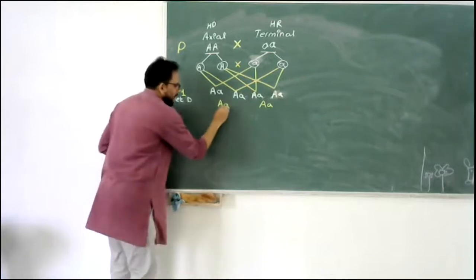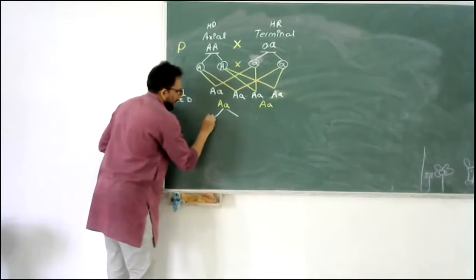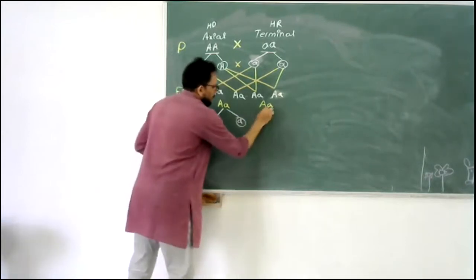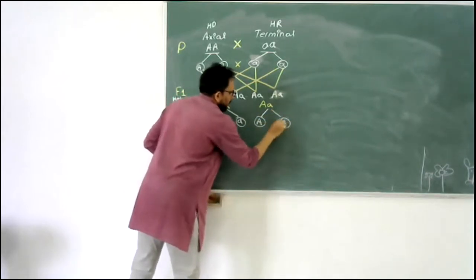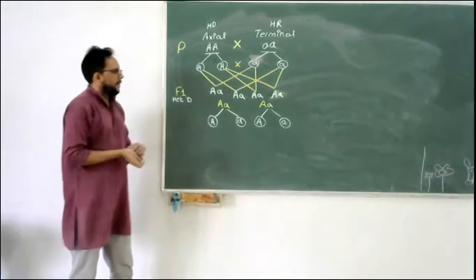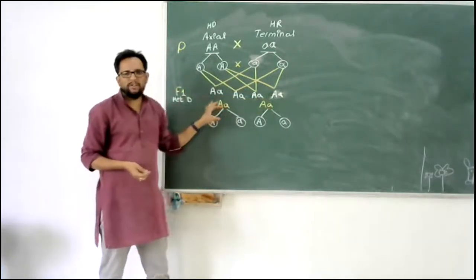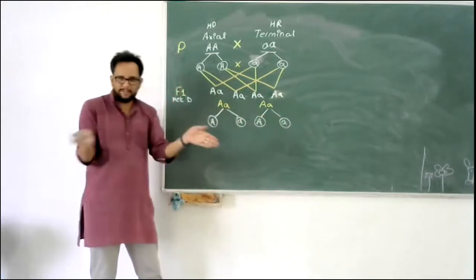Now let's say when these produce the gametes, it will produce capital A, it will produce small a. This will also produce capital A. This will produce small a. These are the individual organisms, and these are the gametes when they split up.